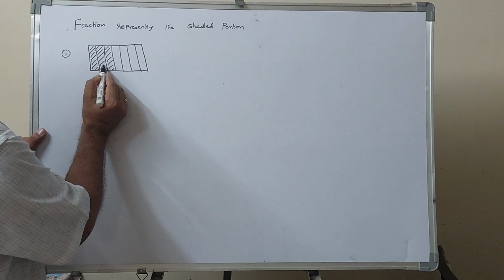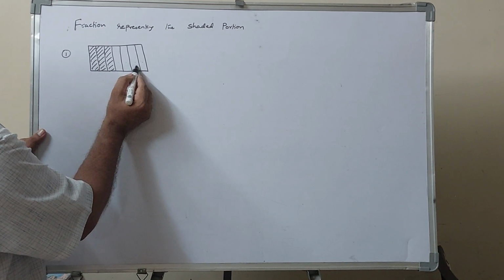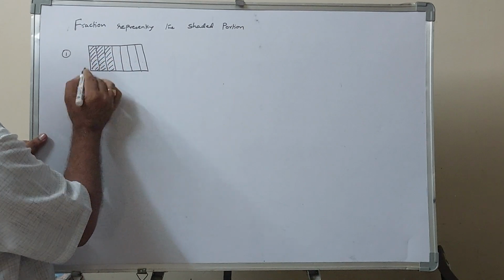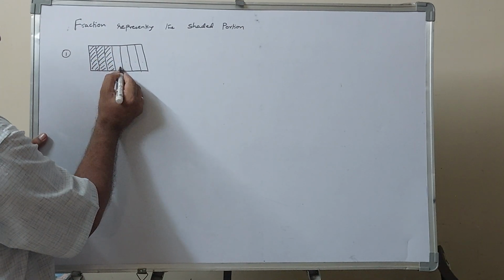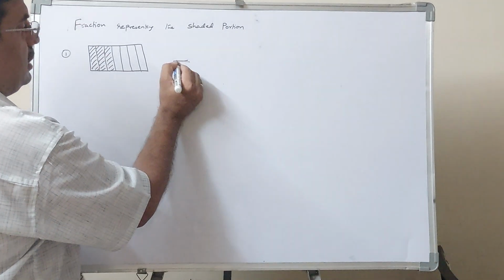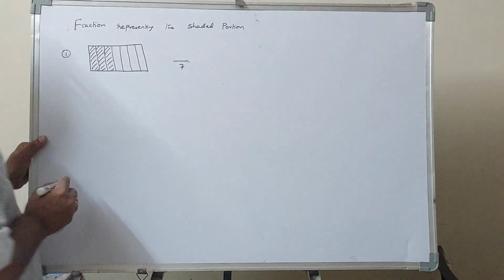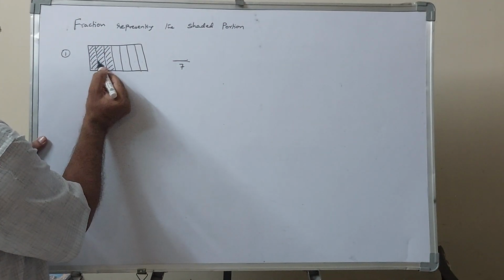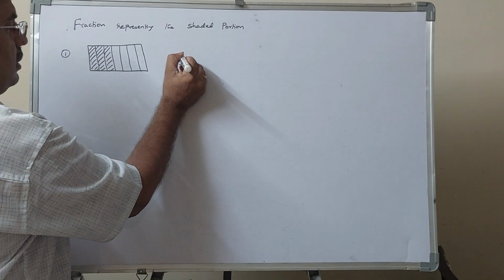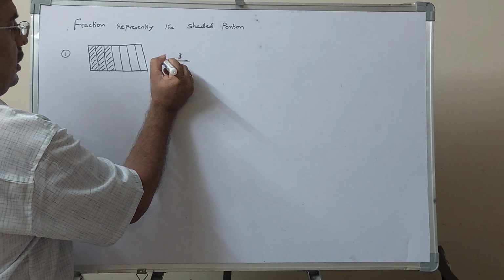Here you see 1, 2, 3, 4, 5, 6, 7. So this whole is divided into 7 equal parts. So the denominator is 7. How many were shaded? 1, 2, 3 were shaded. So it is represented like this, 3 by 7.